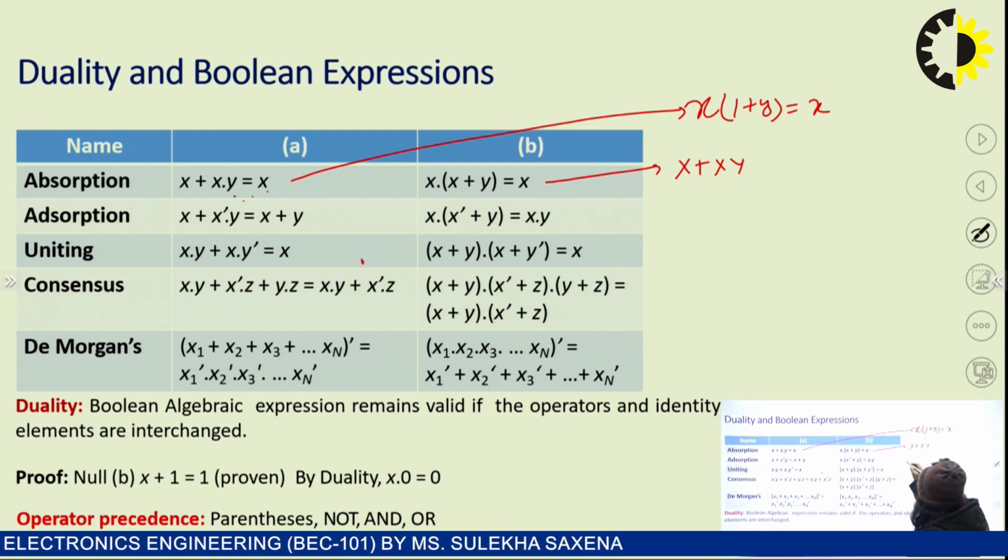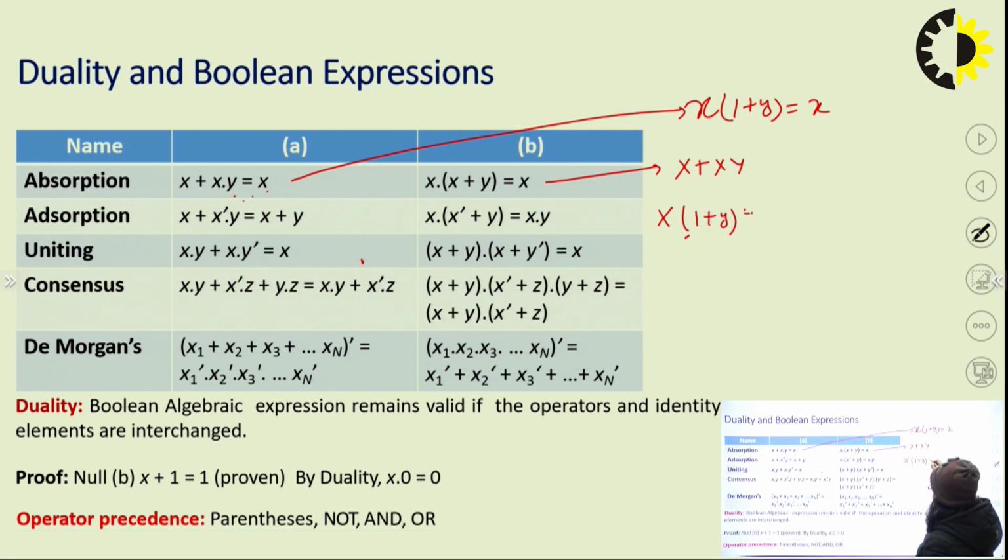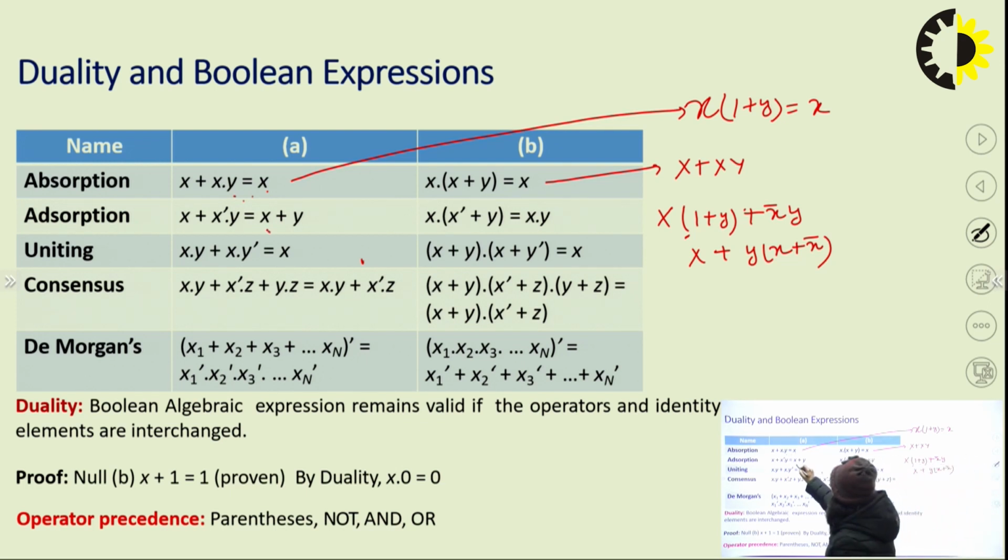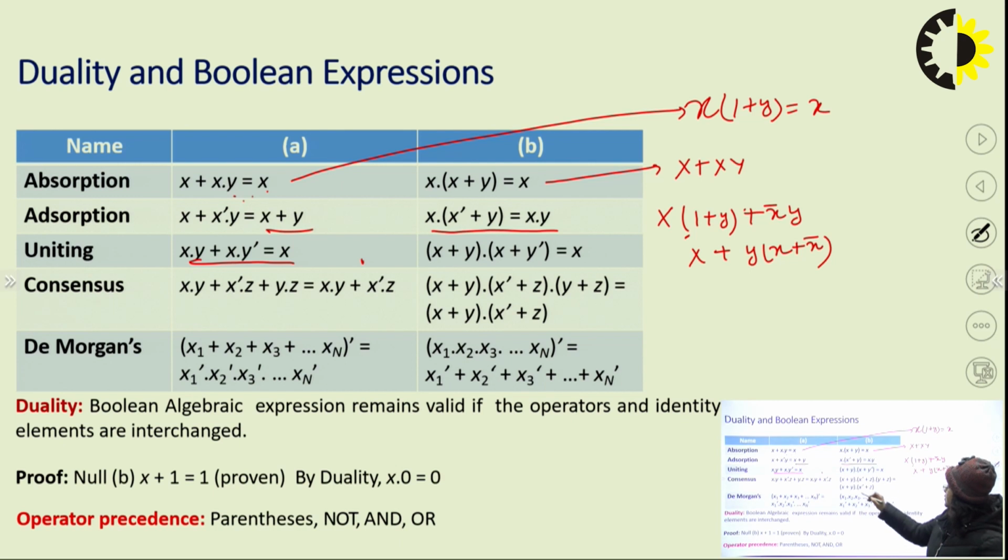We can simply derive it: x(1 plus y) plus x bar y, which is x plus xy plus x bar y. Taking x common, x plus x bar is 1, so the equation comes out to be x plus y. Similarly, x dot (x bar plus y) is equal to xy. Also, y plus x y bar is equal to x, and (x plus y) into (x plus y bar) is also equal to x.